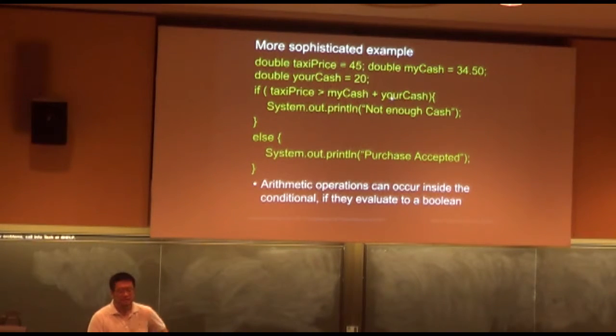Since this is an addition operator, the two of these operands have higher precedence, so then we get my cash plus your cash evaluated to less than taxi price. And in this case, my cash plus your cash is greater than the taxi price, so this is going to evaluate to false, excuse me. So then we'll say first.